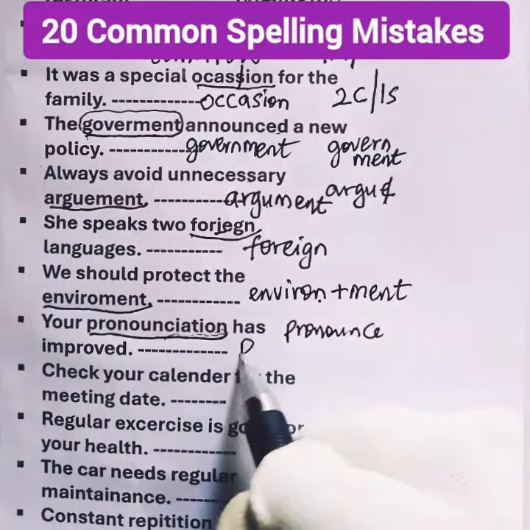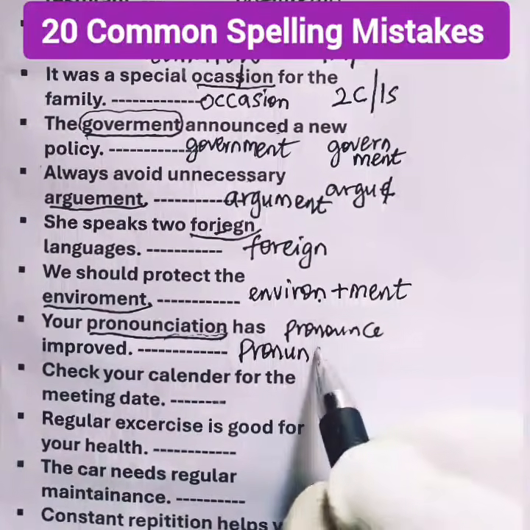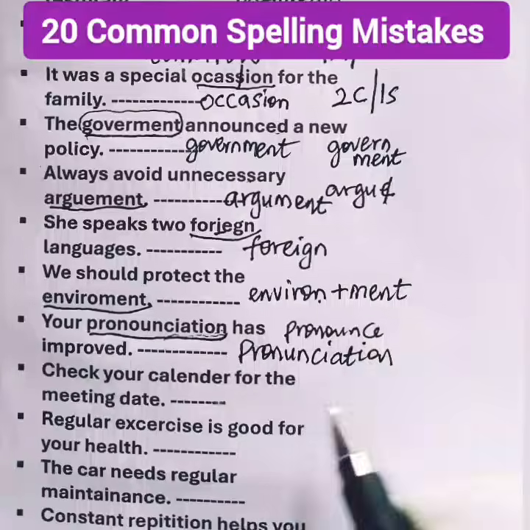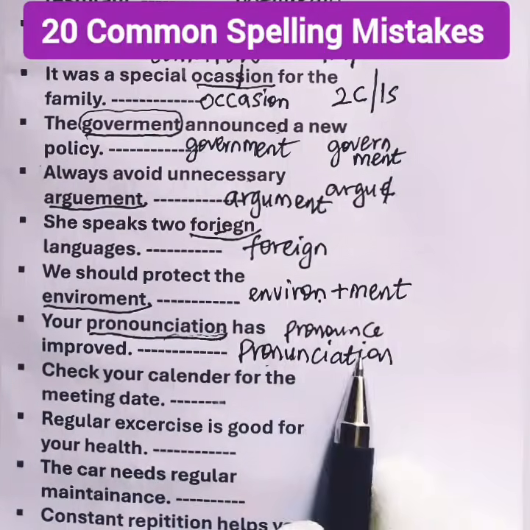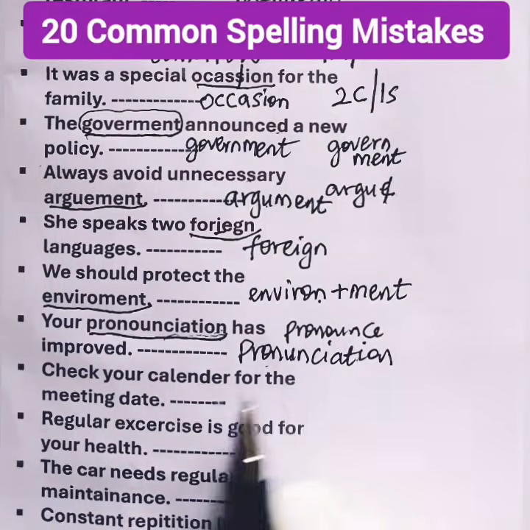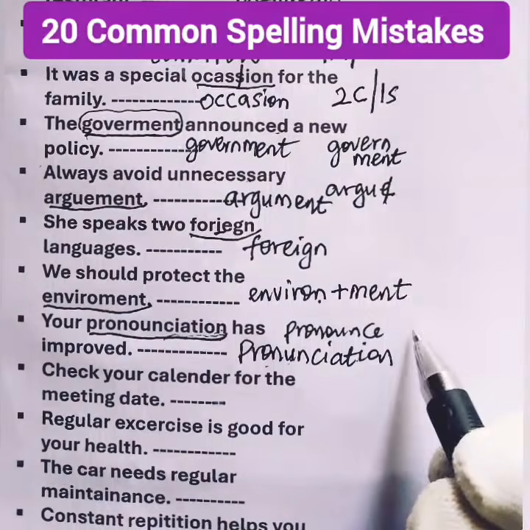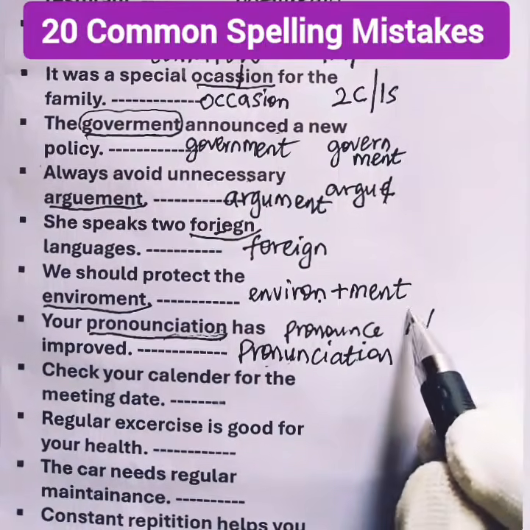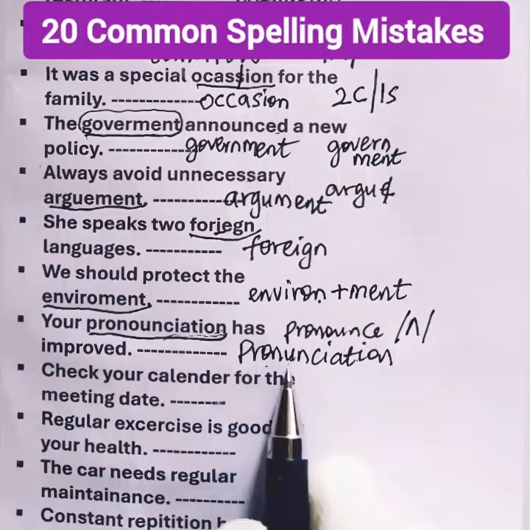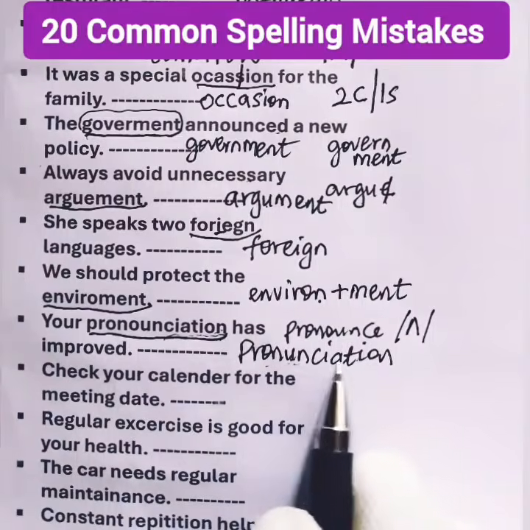So the correct spelling is, the word is actually pronunciation, not pronounciation. The reason is because this U does not sound O when transcribed. Rather, it sounds A. This is the sound. So it is pronunciation, not pronounciation.